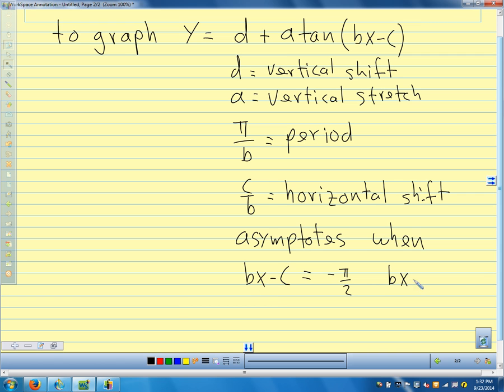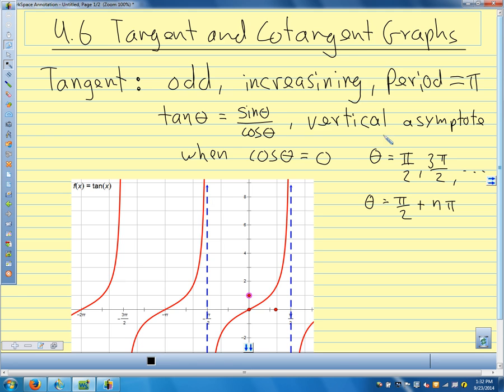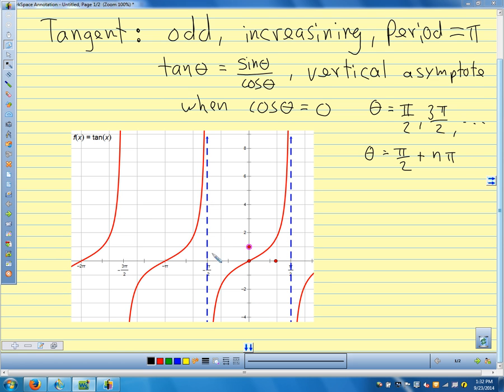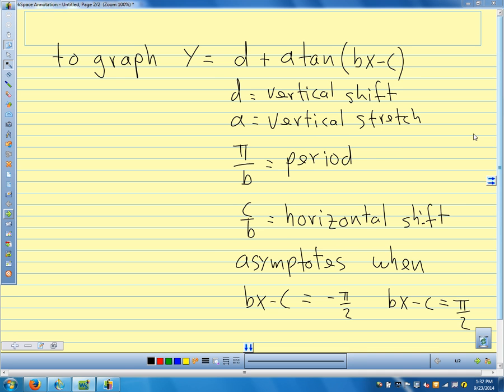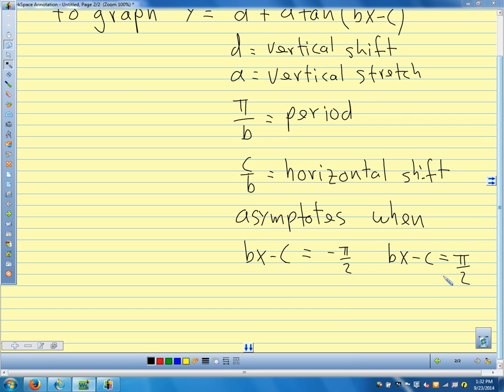And bx minus c equals pi over 2. And solve for x. Because our unshifted tangent function has two successive asymptotes at negative pi over 2 and positive pi over 2. I could set that equal to 3 pi over 2 as well and solve it. That would work also. We just do this because we have this symmetry around the origin. So this is going to give us our asymptotes.